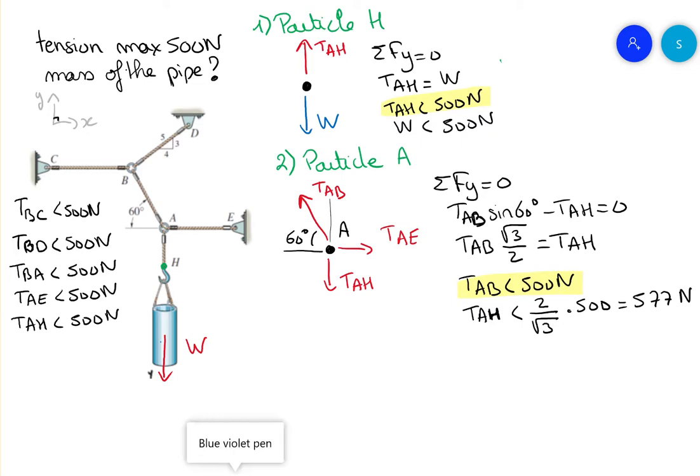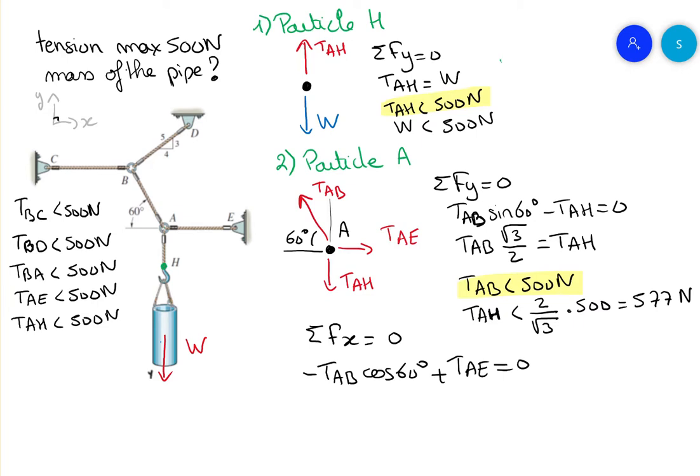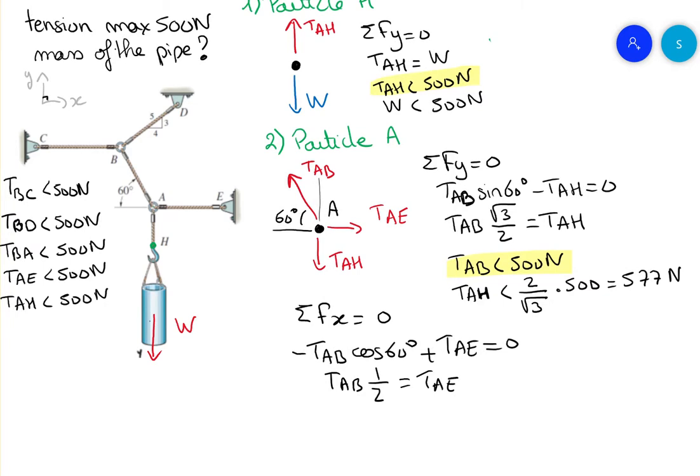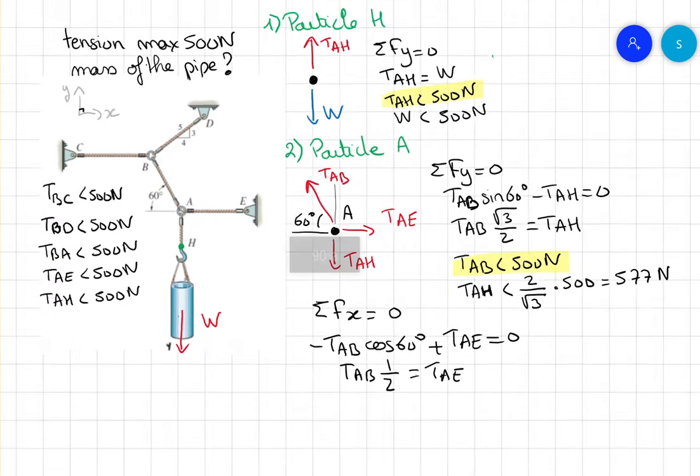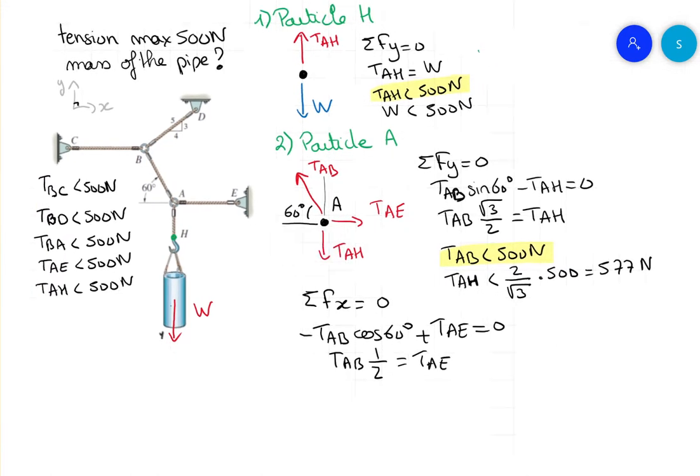And let's do sum of the forces on X equals 0 for this one. So we have minus TAB cosine 60 plus TAE equals 0. So that means that TAB times half, like 1 divided by 2, equals TAE. Okay, so we have TAB that is less than 500 Newton.